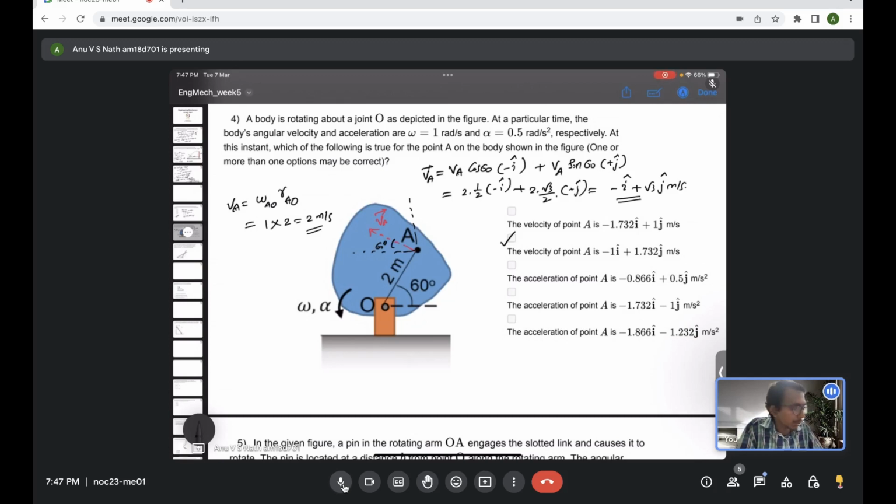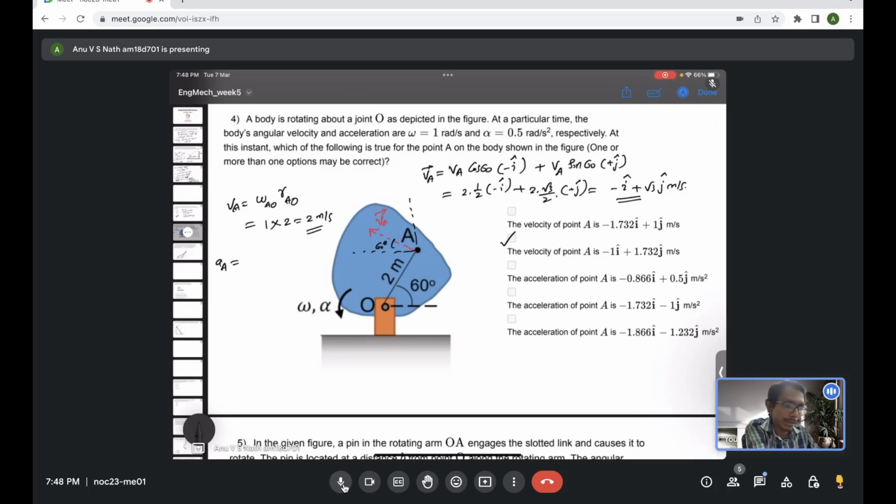Now about the acceleration. Acceleration of point A will have two components, because A is rotating about point O, where point O is fixed. It's a fixed point about which A is rotating. Otherwise we will see in later problems how we should write the general acceleration.